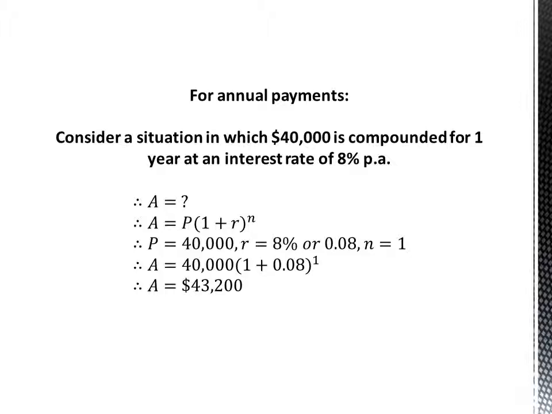So P, the principal, is 40,000, R, or the rate, is 8% or 0.08, and N is 1. So when substituting these values into the formula, we have 40,000 in brackets 1 plus 0.08 to the power of 1, which equates to $43,200.